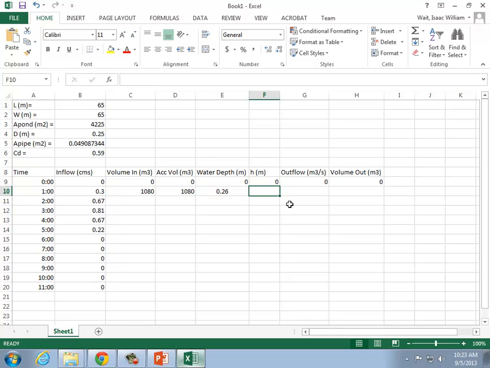All right, H is going to be the water depth minus half of the pipe diameter. So pipe diameter, anchor that reference, divide by 2.